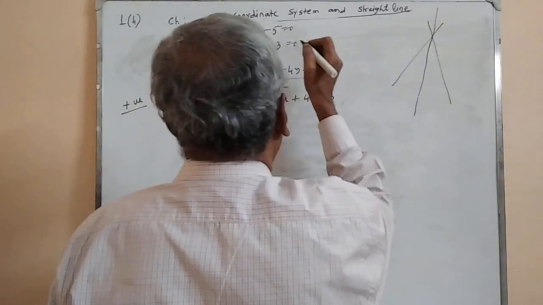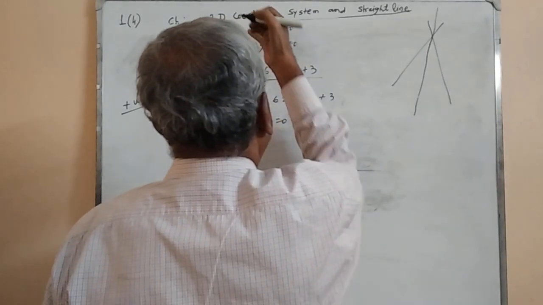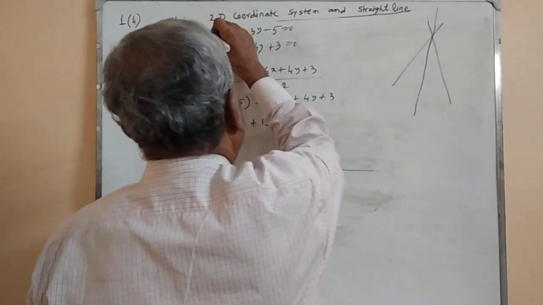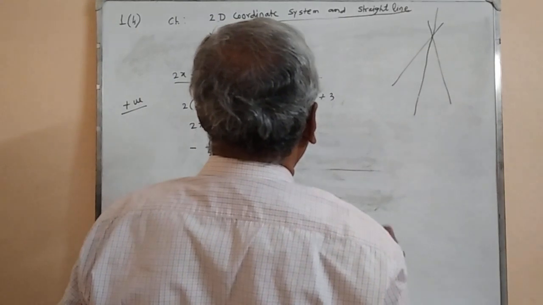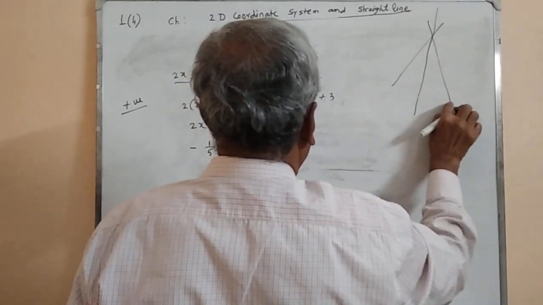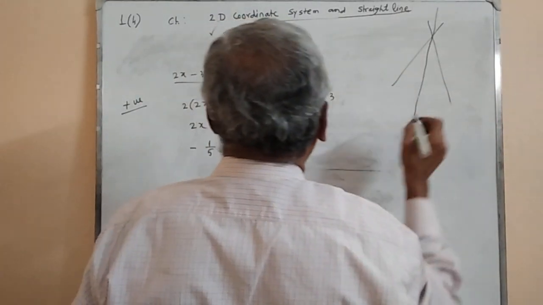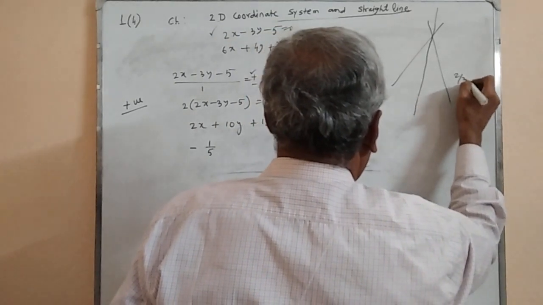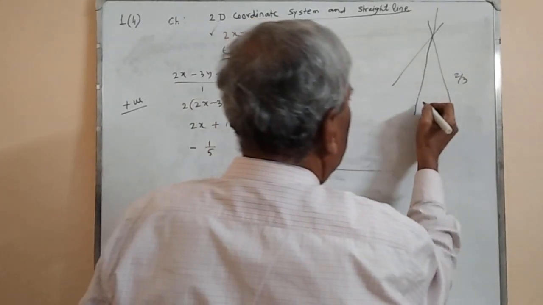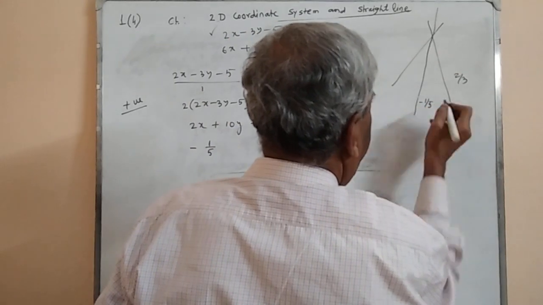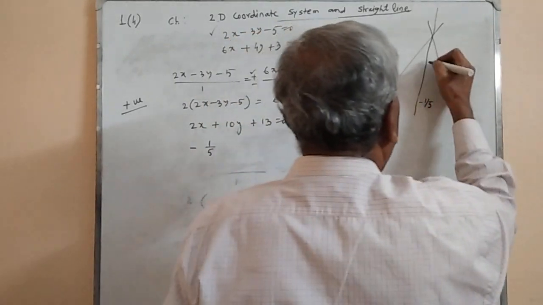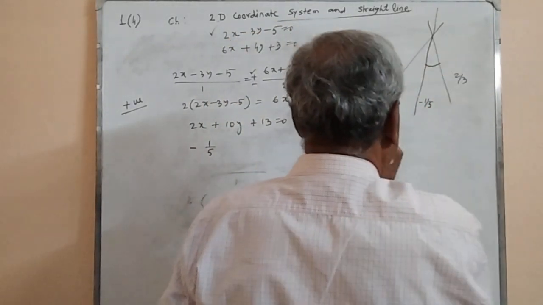The equations of the straight lines are this and that. Take this one, its gradient is 2 by 3, and the bisector's is minus 1 by 5. Now find the angle between this and that. Let it be phi.